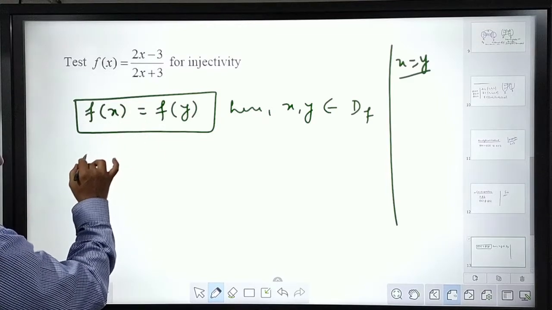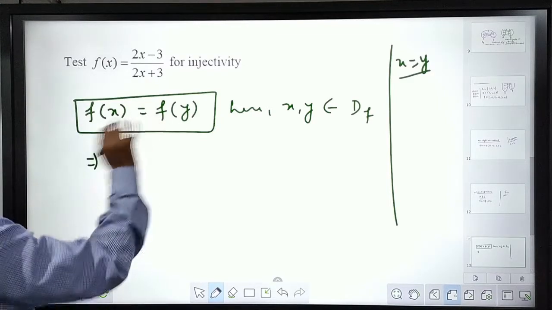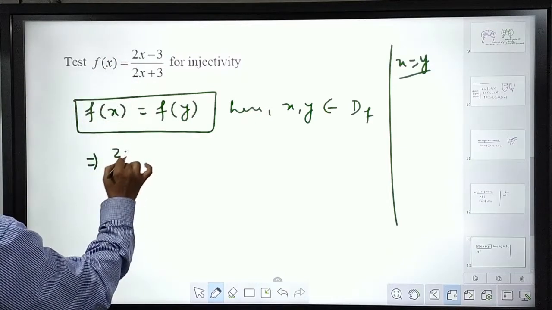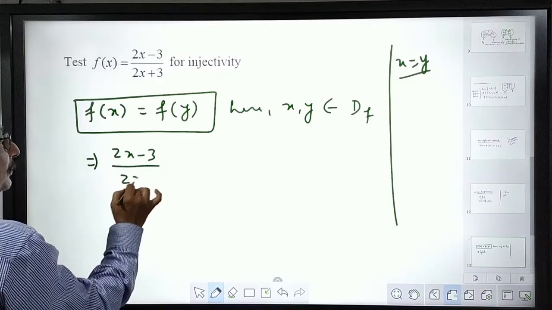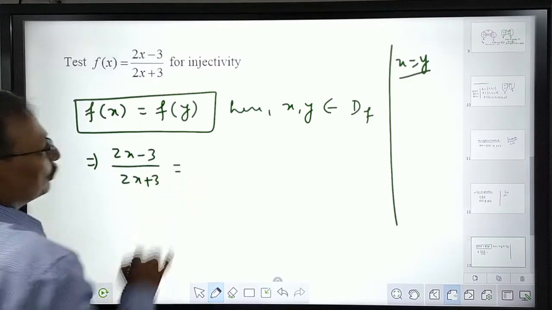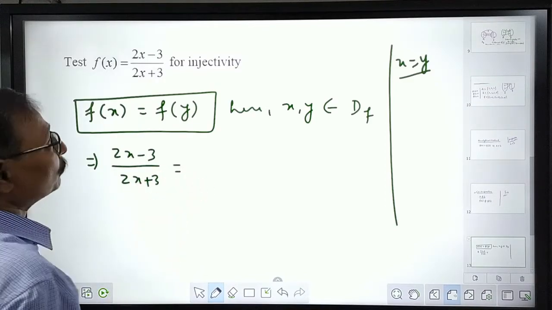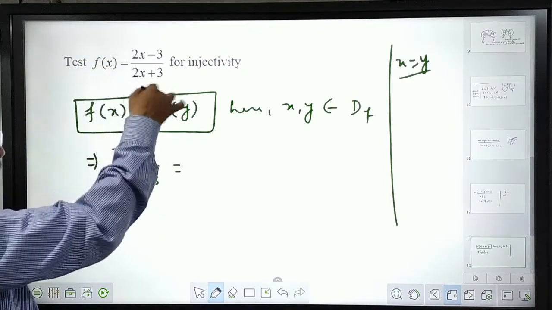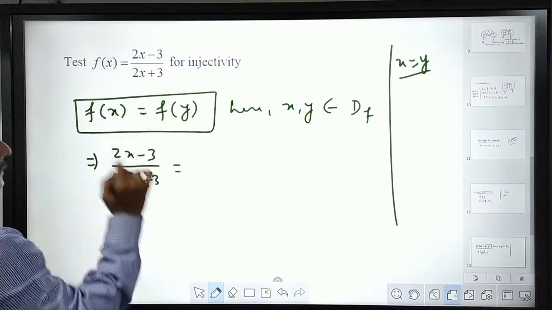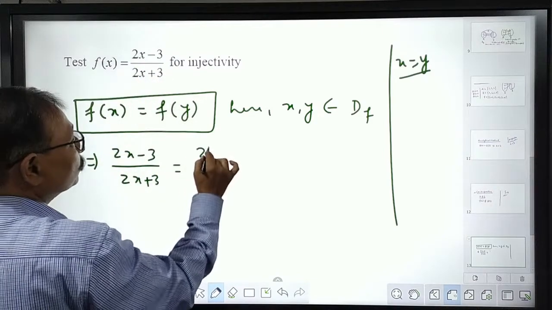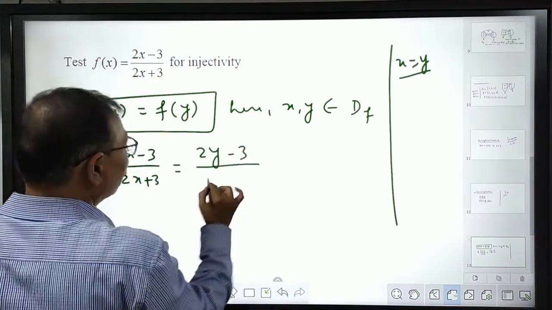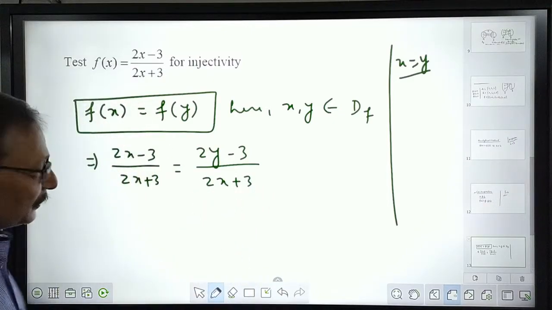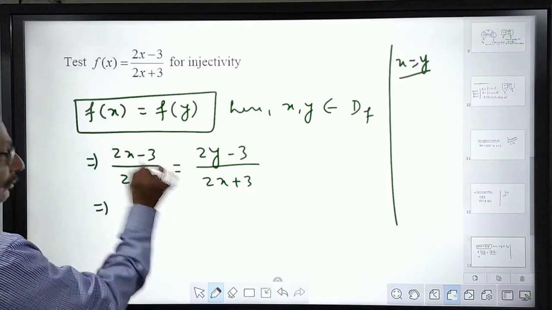So coming to the point, f(x), we put x here, then we got (2x minus 3) by (2x plus 3) is equal to f(y). f(y) means what? Replace x by y, then it will be equal to (2y minus 3) by (2y plus 3). Now go through the simplification process, multiply crosswise.